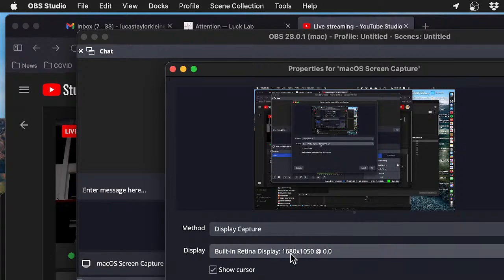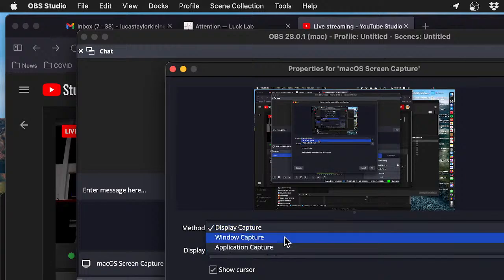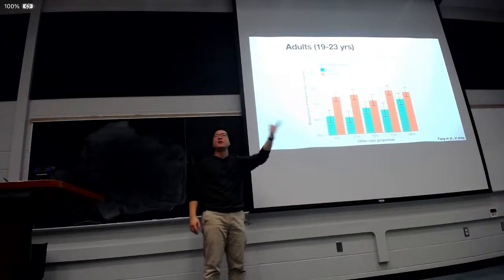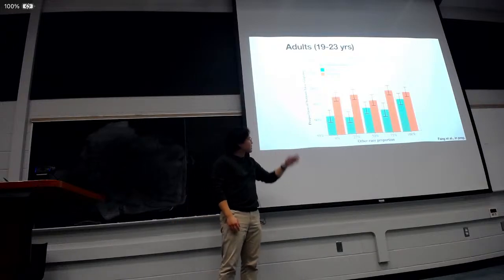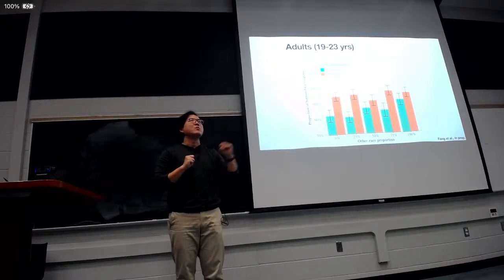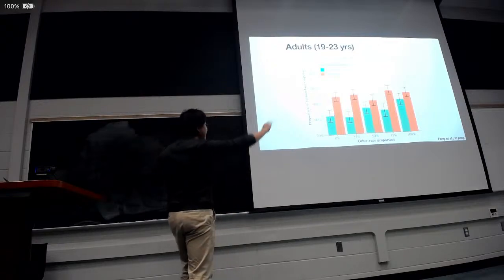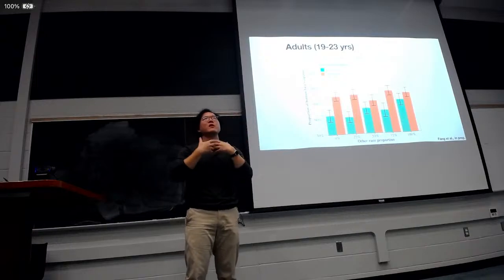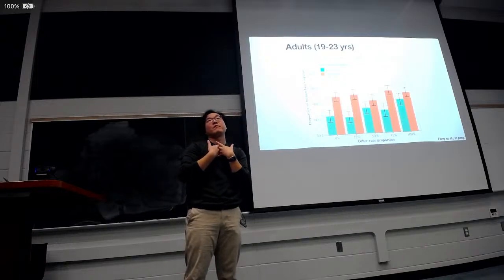And what we found here, so we have undergrad students, adults, and so it's a little bit busy. The y-axis indicates the size of illusion. The x-axis is the degree of other-raceness. So the more towards the right, the more other-race relative to the participant.